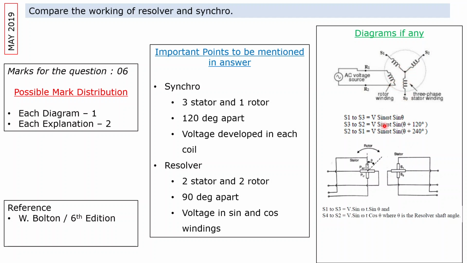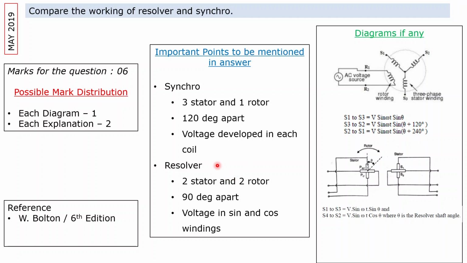So you can see that the voltage developed from S1 to S3 is V sin omega t sin theta, S3 to S2 will be V sin omega t sin(theta plus 120), and S2 to S1 will be V sin omega t sin(theta plus 240). These are the main points you have to mention regarding synchro.